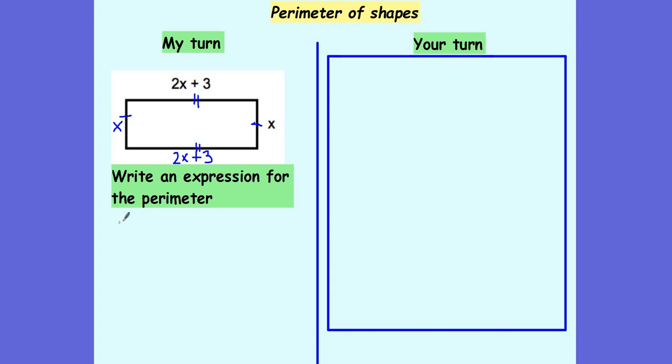So my perimeter is going to be 2x plus 3 plus x plus 2x plus 3 plus x in exactly the same way as before. I've now got 2, 3, 4, 5, 6 lots of x plus 6.